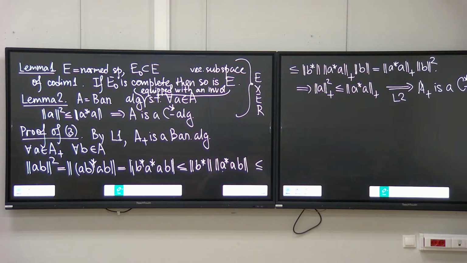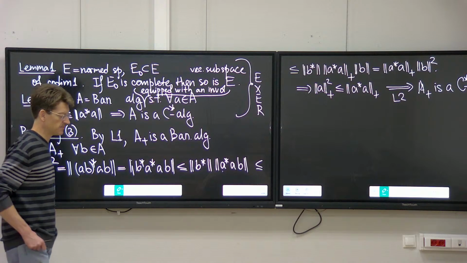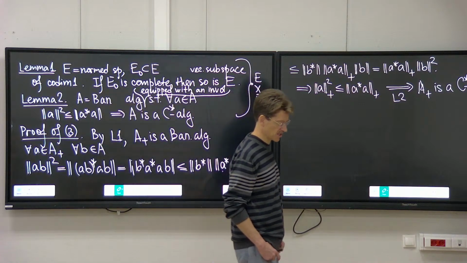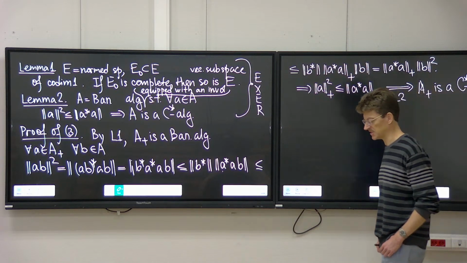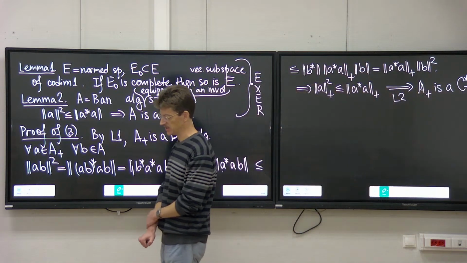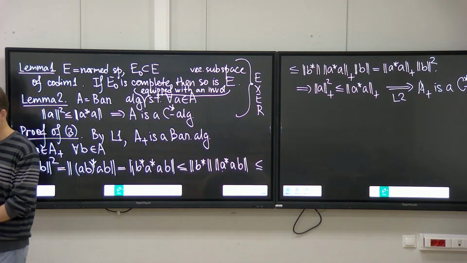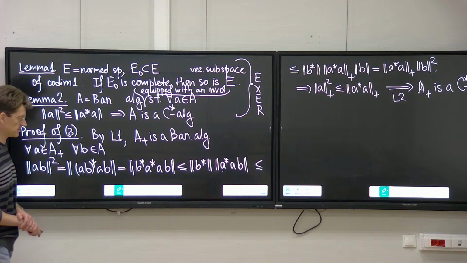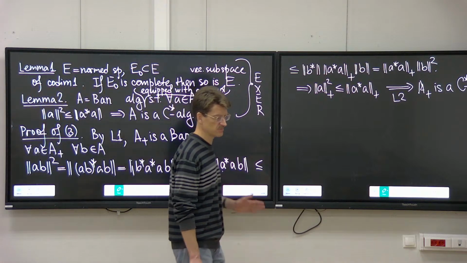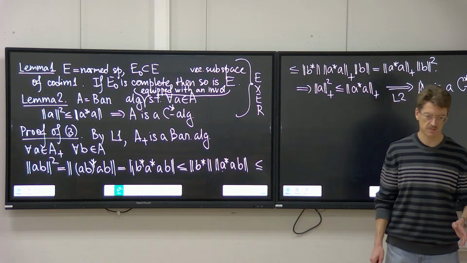But we will see shortly, at the beginning of the next lecture, that if there is a norm on a star algebra which makes it into a C-star algebra, then this norm is unique. In other words, there is at most one norm on a star algebra which makes it into a C-star algebra. And therefore, the norm on A plus that we've just constructed is unique. So the construction is different depending on whether or not the algebra is unital, but the norm is necessarily unique. So in some sense, it is canonical.